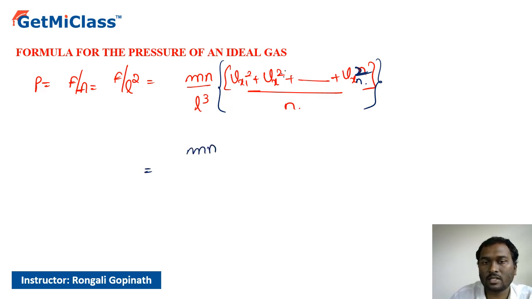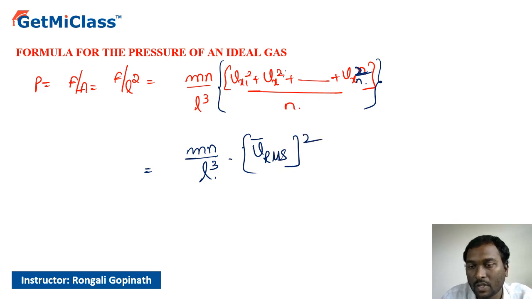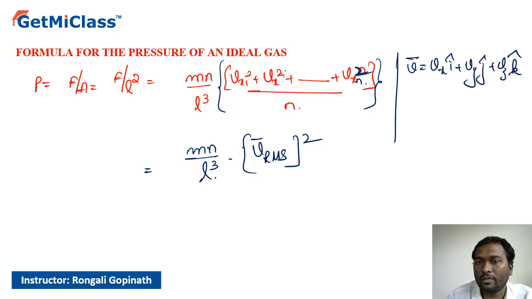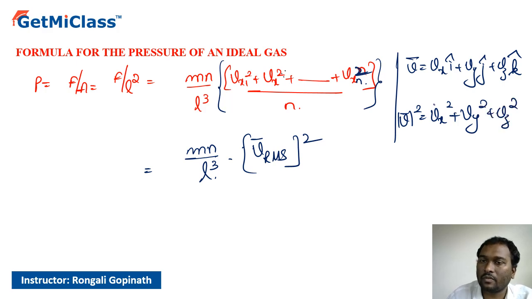So this can be written as mn by L cube into VRMS square, but only in the x direction, isn't it? If you look at that earlier vector form, we wrote v bar equals vx i cap plus vy j cap plus vz k cap. If you take the magnitude, v bar square is vx square plus vy square plus vz square. We also know that vx equals vy equals vz, right?